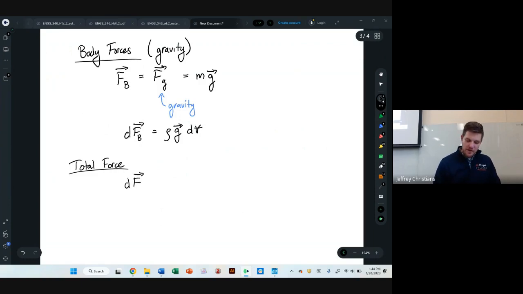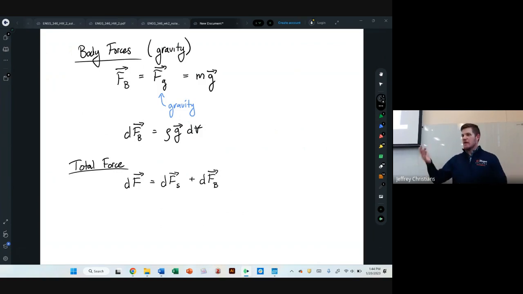Right, the total force on our really small chunk is going to be the force from the sum of the forces acting on the surface, which is pressure, plus the sum of forces, gravity, acting evenly throughout the thing.